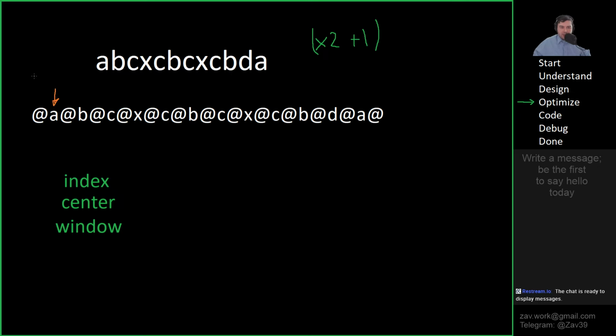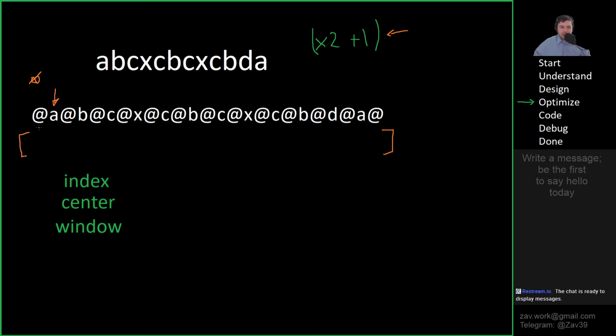We can skip 0, because 0 doesn't matter, it's our new symbol. And we will be filling a new array. The new array will be the same size as our new string. So for every letter, we will have an additional integer. This integer will represent the length of the palindrome at this position.